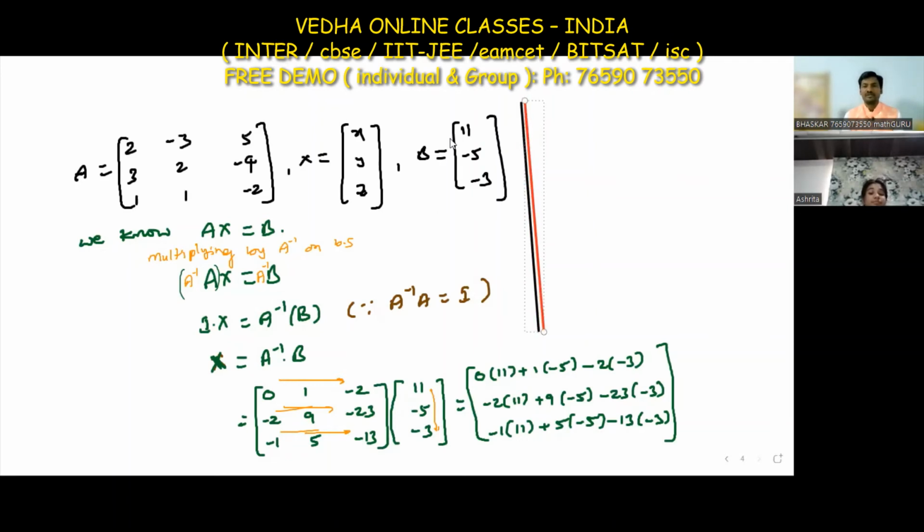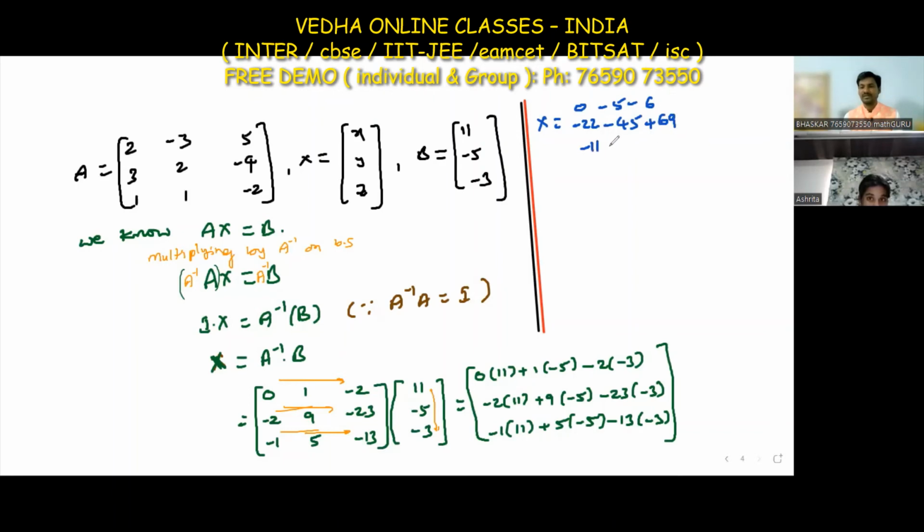Then minus 5 plus 6, so the first element is 1. Next, minus 22 minus 45 plus 69. How much is that? 2.